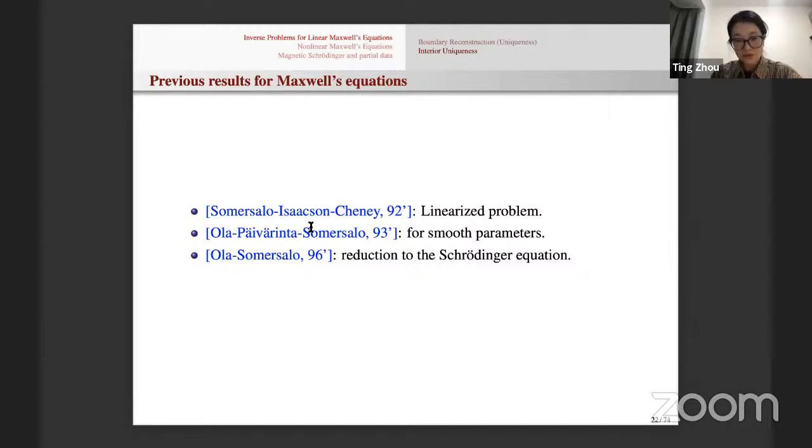As a result, Ola and Somersalo's paper is only simplifying the second paper here, not giving too much improvement of the results for the parameters, still working for C2 and higher regularity coefficient parameters. But the meaning of this work is that this reduction to the Schrodinger equation technique was carried over to later works when dealing with inverse problems for Maxwell's equations.